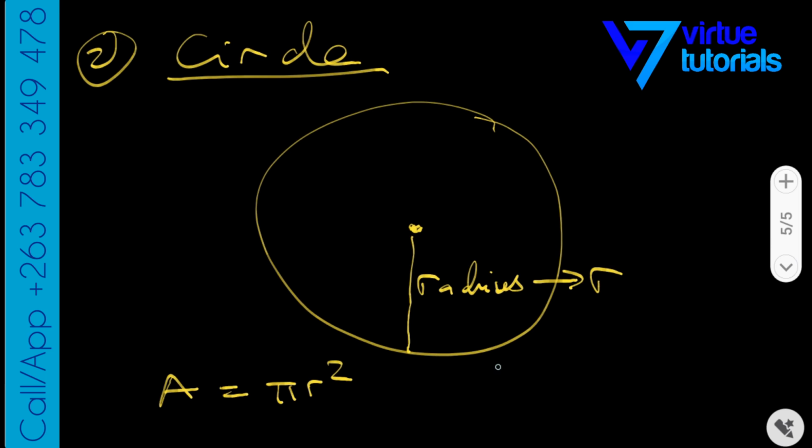Now, pi is a constant. Sometimes pi is given as 22/7 or 3.142, but your calculator also has a pi, which is the most accurate value. Just do what's relevant to your syllabus and the question.